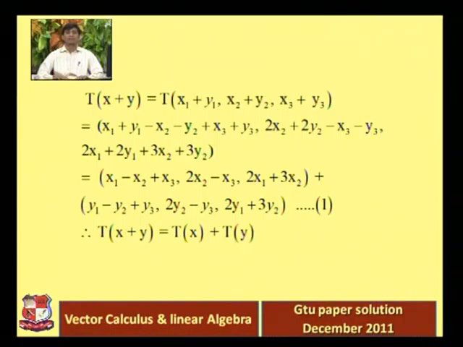That can be written as x1 minus x2 plus x3, 2x2 minus x3, 2x1 plus 3x2, plus y1 minus y2 plus y3, 2y2 minus y3, 2y1 plus 3y2. So T of x plus y is equal to T of x plus T of y.